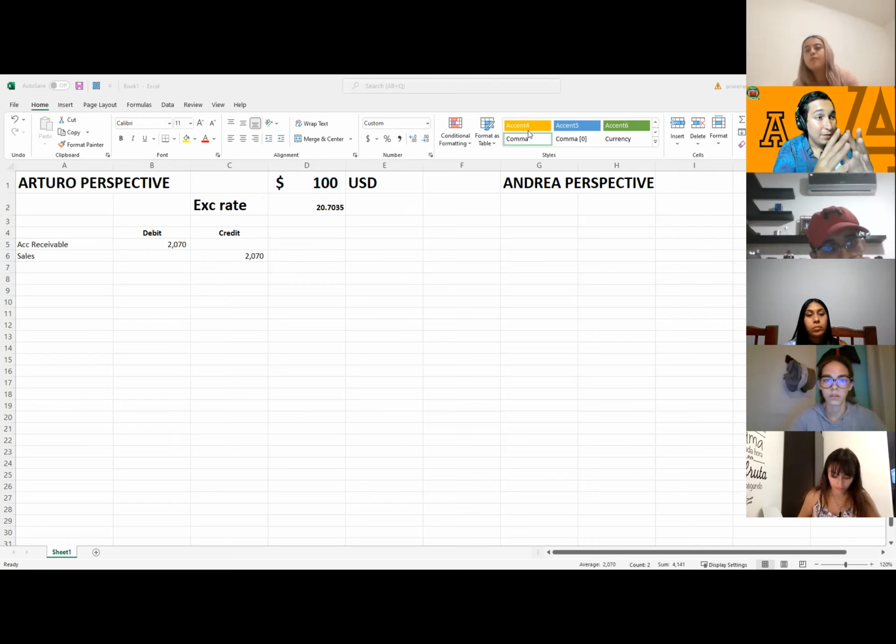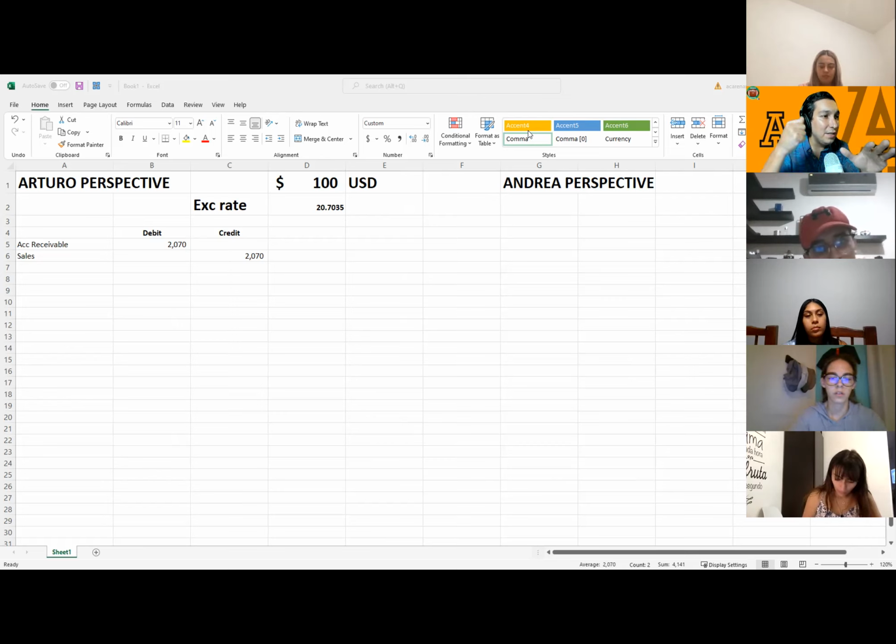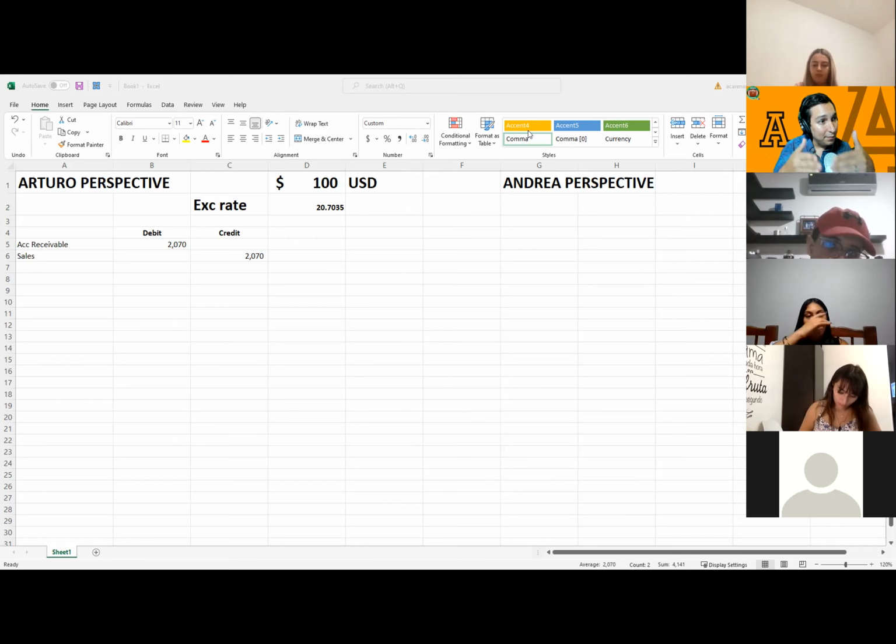The important part is that you can't change your official currency, although you can submit an application to the SAT to change it, but I haven't seen that in my life. Because at the end, all the tax calculations are made in pesos and you pay the SAT in pesos. That's the main reason.